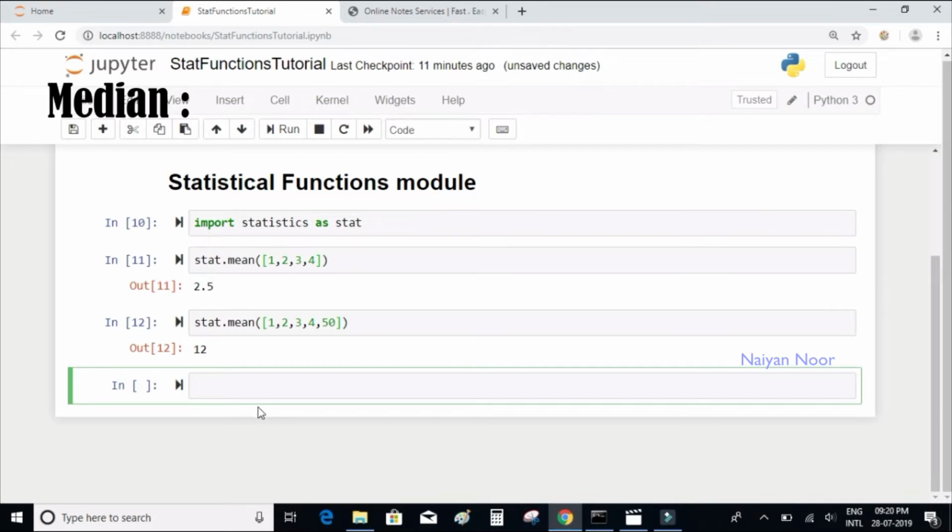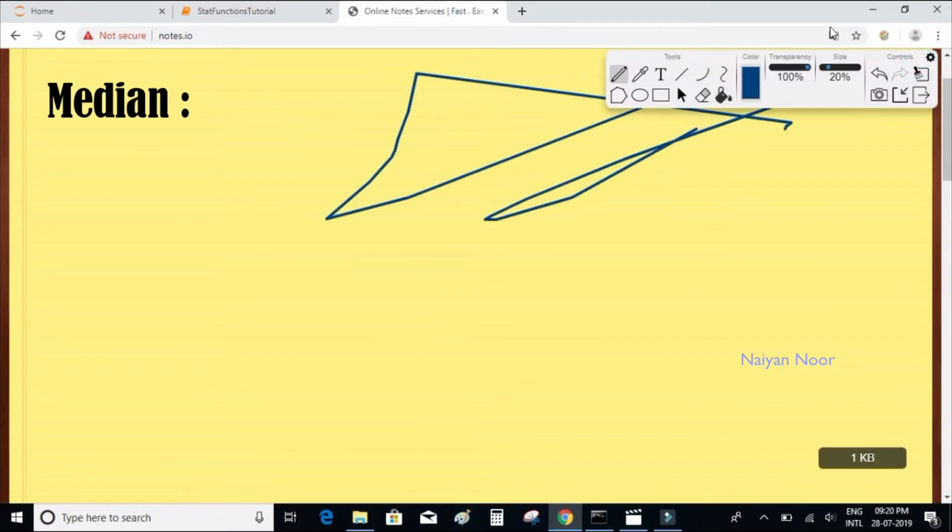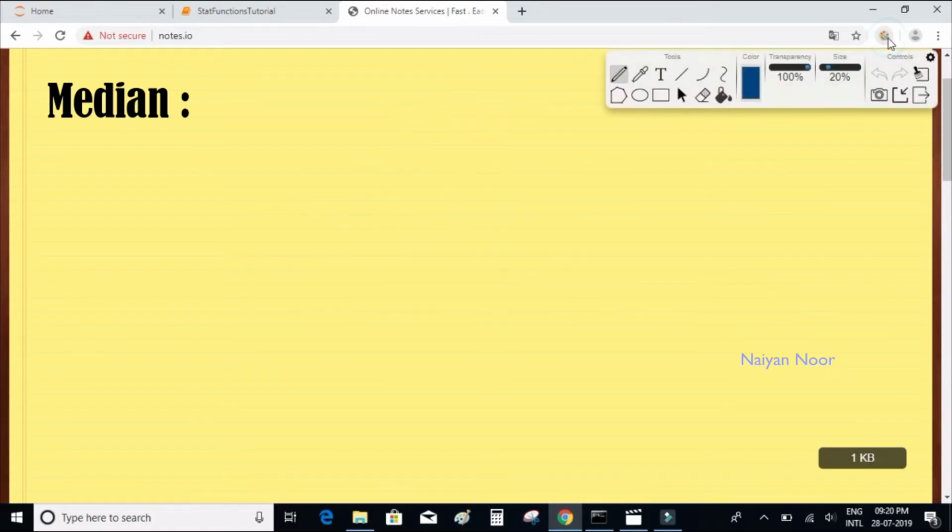The median basically sorts the data in ascending order and returns the number which is in the middle. Let me show you an example. If we have data like 1, 2, 3, 4 and 50, you know what mean does.